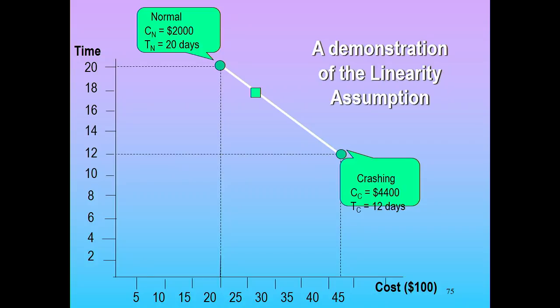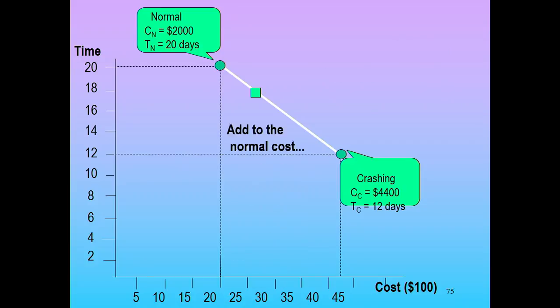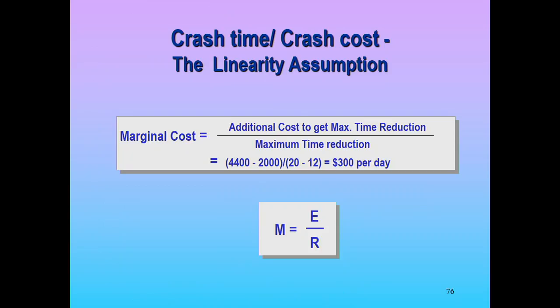How much did those 8 days cost us? $2,400. So marginally, each day costs $300, right? That's the marginal crash cost, and we use the linearity assumption, so we assume that for every day. So we look at the marginal cost, and then we crash the activities that are the cheapest.